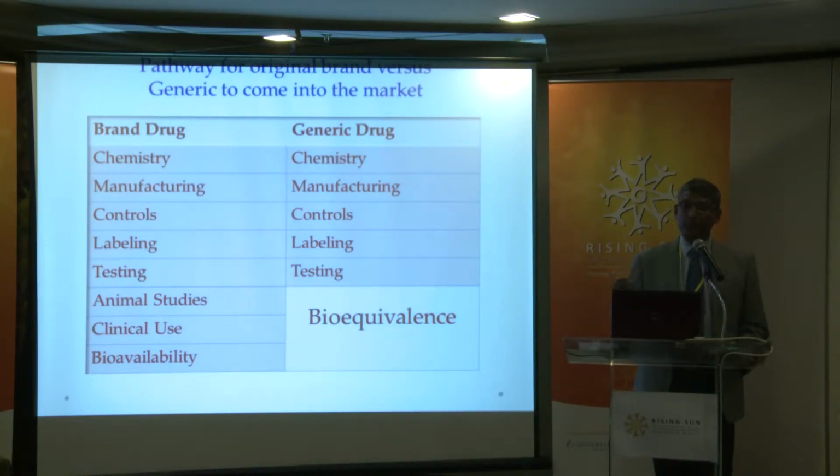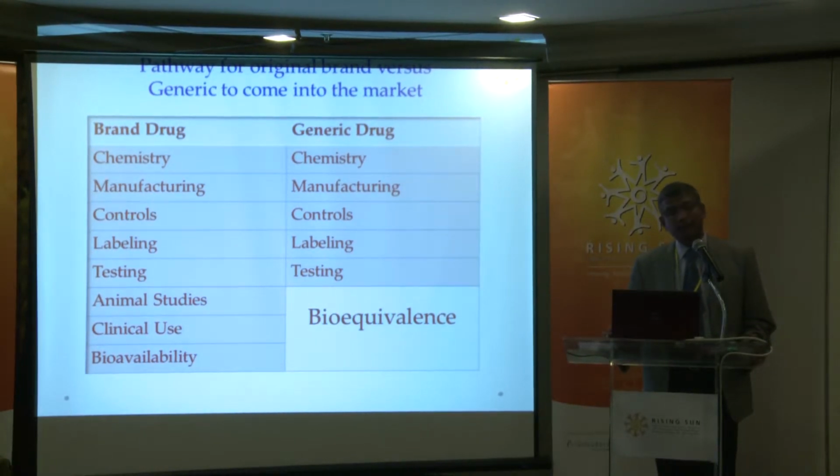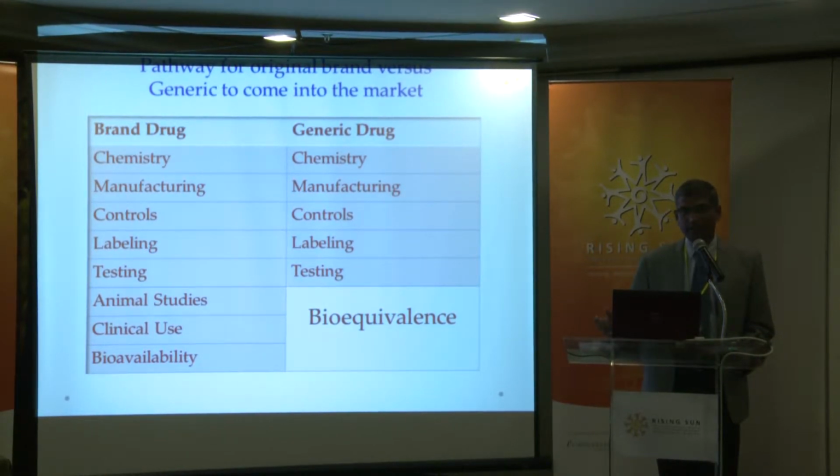Then you have to implement the use of these drugs in animal studies, look at biodistribution, pharmacodynamics, etc. And then it comes into clinical use, and you look at the bioavailability of this drug in the subjects. A tall order, a very lengthy procedure, and an extremely expensive process.